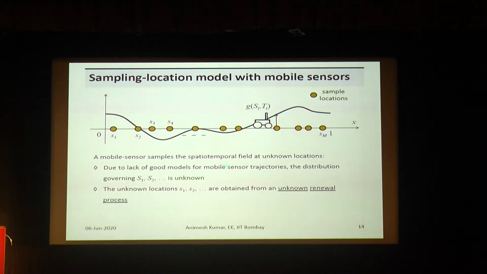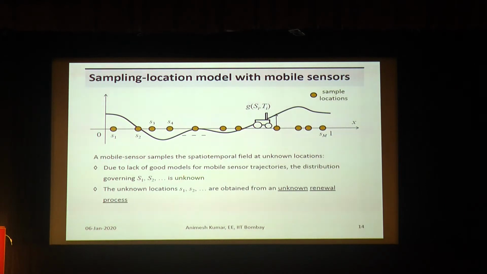The first thing that we did was we looked into the literature. There were no good models available for location unawareness, so we made our own. Because of the lack of good models for mobile sensor trajectories, what we assumed was that the distribution governing these points S1, S2, S3, S4, and so on is unknown.